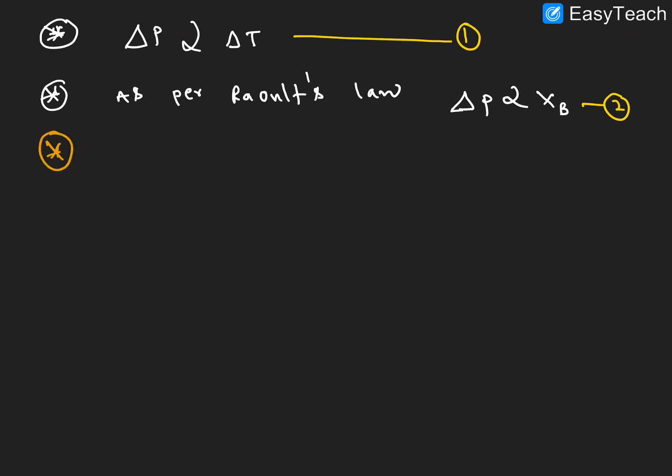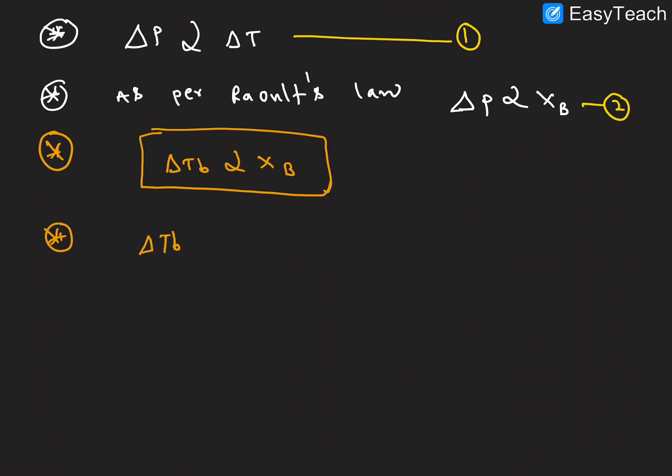So from these relations, delta TB is directly proportional to mole fraction of solute. I hope it is clear. The elevation of boiling point is directly proportional to mole fraction of solute. Here we take a proportionality constant: delta TB equals KB into mole fraction of B. I hope it is clear.